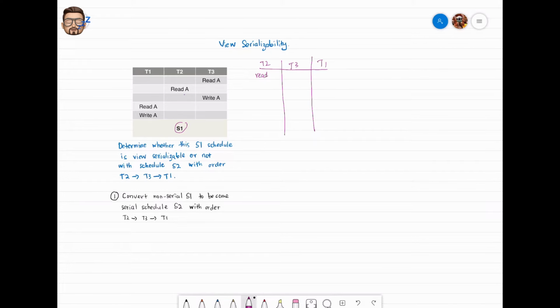Read A. After we finish all of T2, we start with T3. T3 has read A and write A. Then followed by T1, we have read A and write A. So this is our S2, the serial schedule, and S1 is the non-serial schedule.